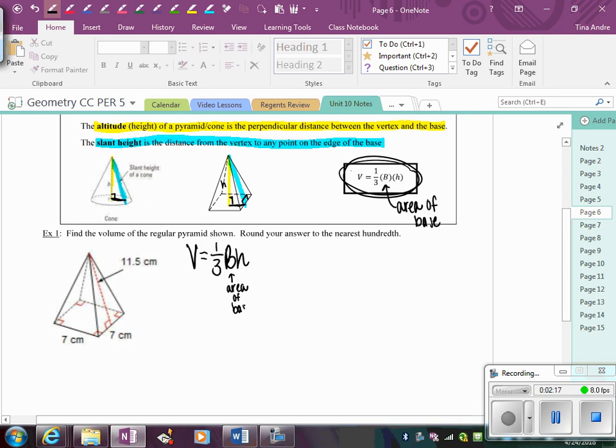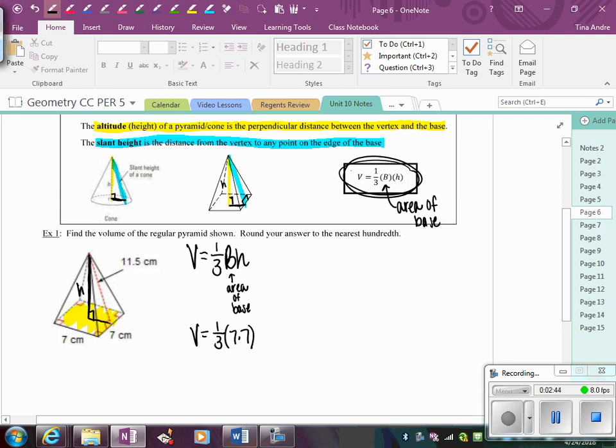So when I look at this, my base is a square. So to find the area of that square, well, that's no problem. It's just going to be length times width. So that's just going to be 7 times 7. But then in order to find the height, well, remember the height is that perpendicular distance to the base. And what they give me here is the slant height. That 11.5 represents the slant height.